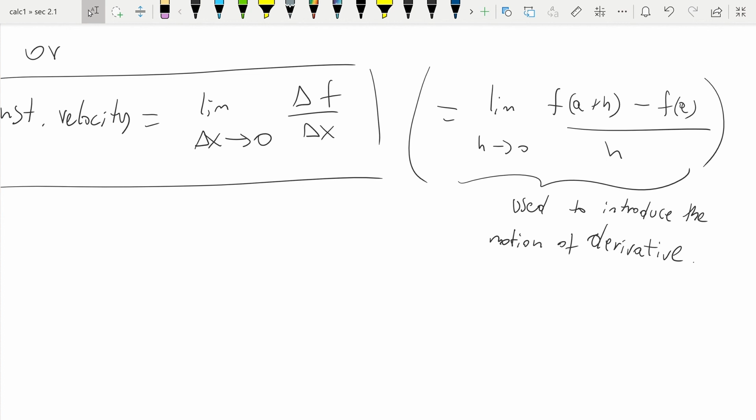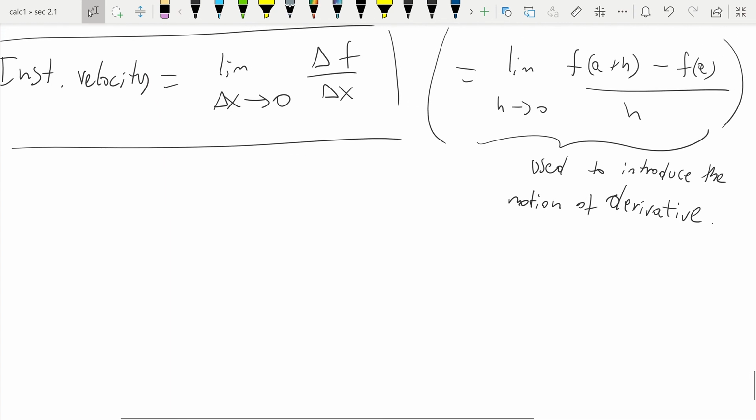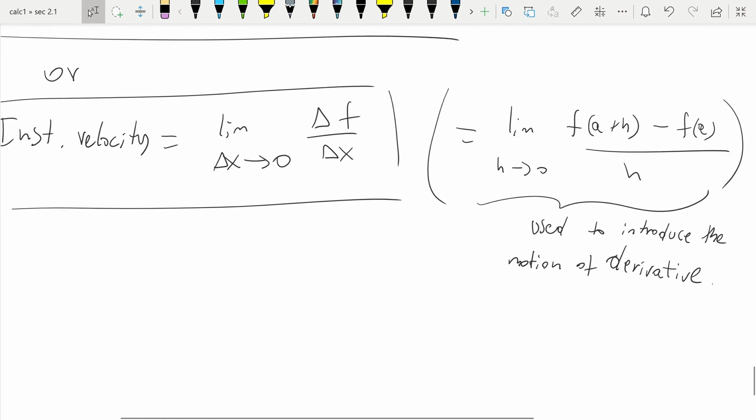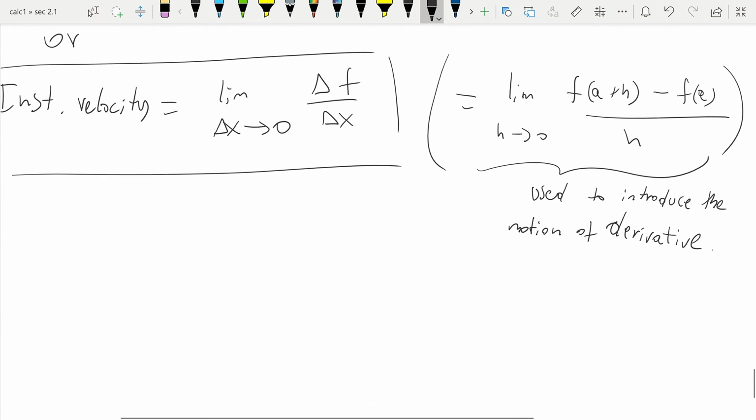And you see now that the concept of limit appears everywhere, and this is going to be the case for the rest of the course. Maybe it will be hidden after we learn how to compute limits without actually having to deal with these very small quantities, because we'll learn some rules that will allow us to compute these things very naturally.